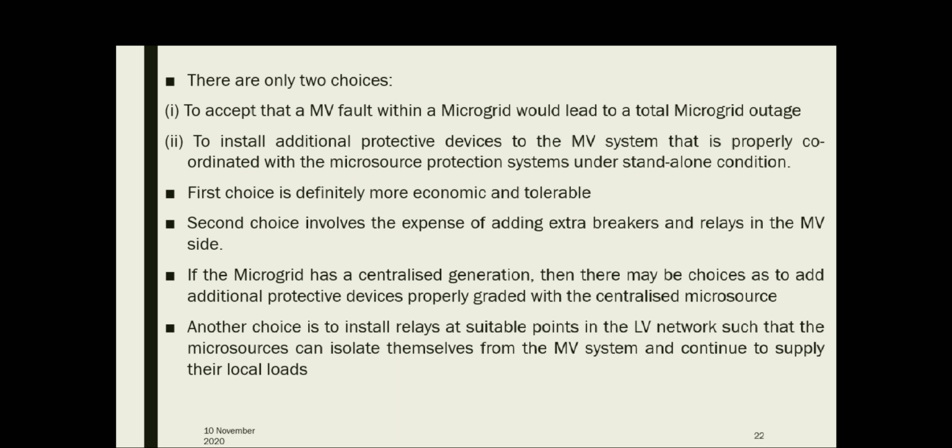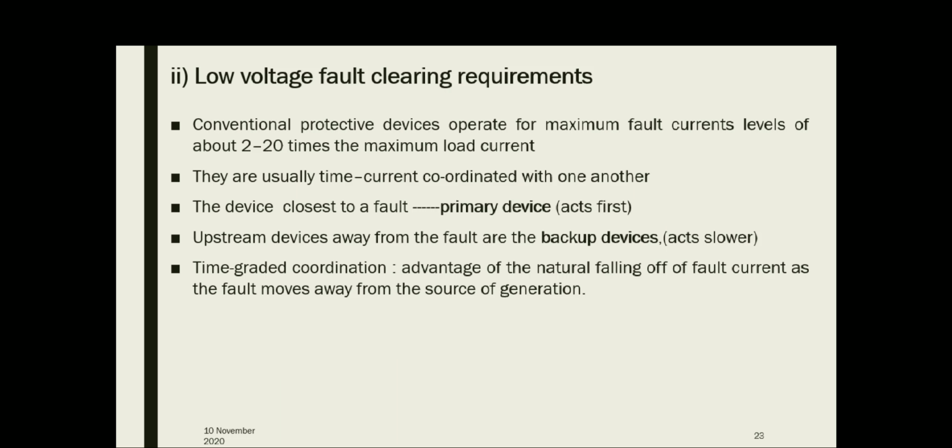The first choice of accepting misoperation for a secondary contingency is definitely more economic and tolerable, as the loss of the distribution transformer does not lead to any extra loss of generation for the standalone microgrid, whereas the second choice involves the expense of adding extra breakers and relays on the medium voltage side.